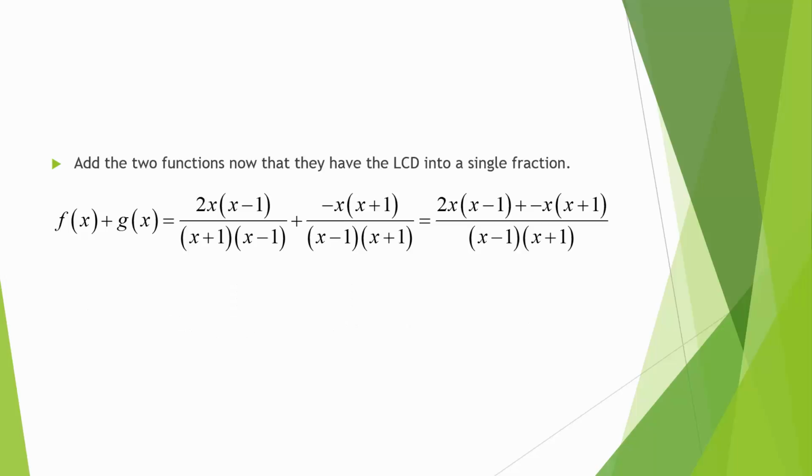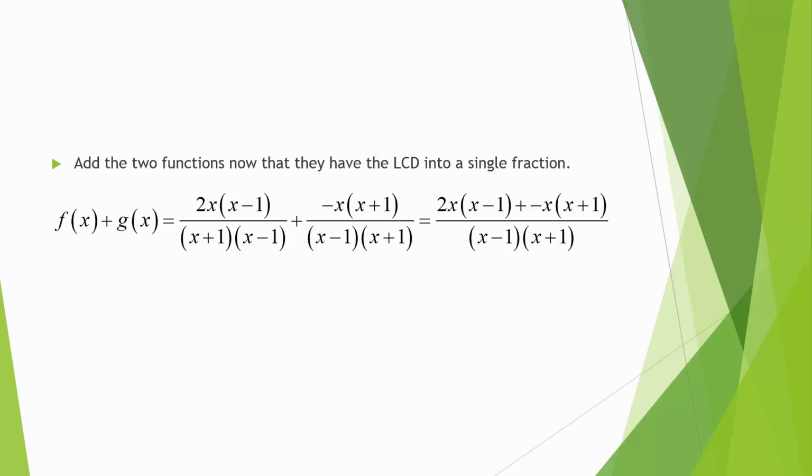So now we have to add the two functions with the LCD. So we need to add f of x plus g of x. So we have to add 2x times x minus 1 divided by x plus 1 times x minus 1, plus negative x times x plus 1 divided by x minus 1 times x plus 1. And we get a single fraction.